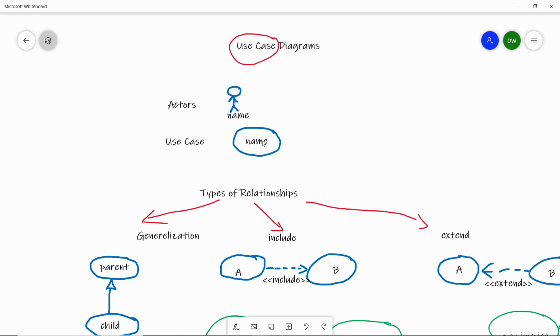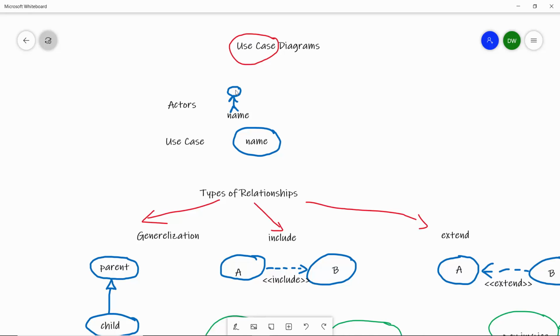When you draw these things within a use case diagram, there are symbols to use. To denote an actor, you have to use a symbol like this, and to represent a use case, you have to use this kind of symbol, an oval shaped symbol, right?